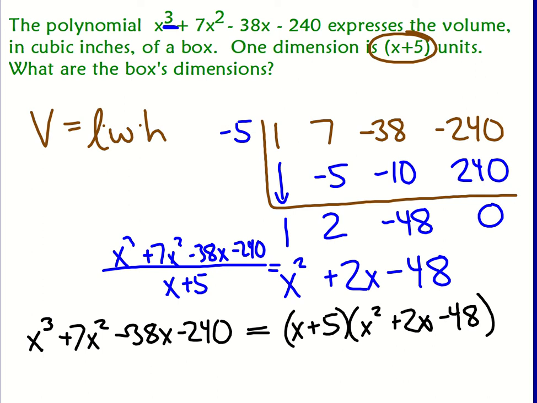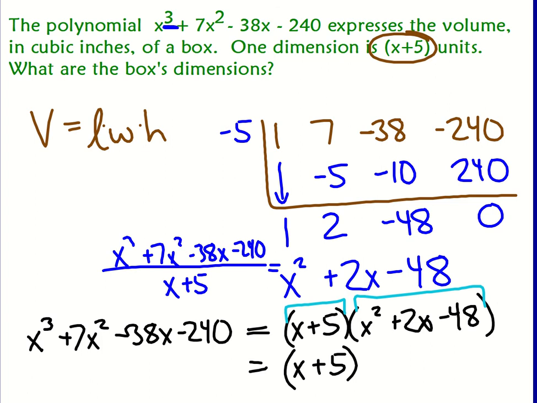That's helpful to see as a multiplication problem because now I can see the volume written as two distinct factors, the x plus 5 factor and then the x squared plus 2x minus 48 factor. Well, I need three factors because the problem is asking me for the box's dimensions and I don't have any other hints, but I can factor this quadratic.